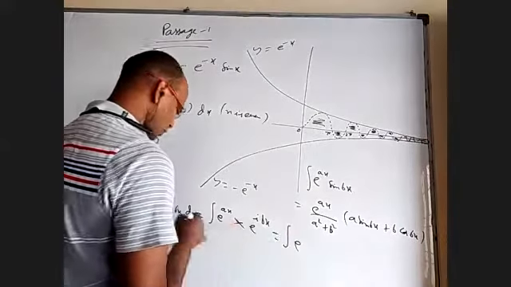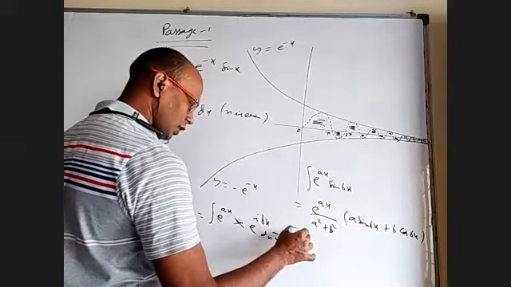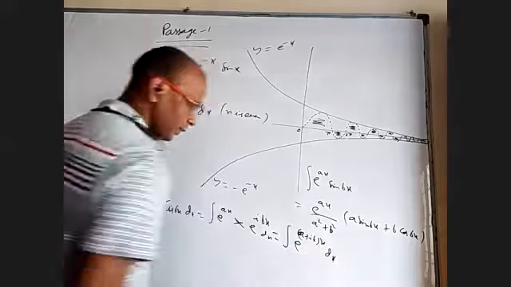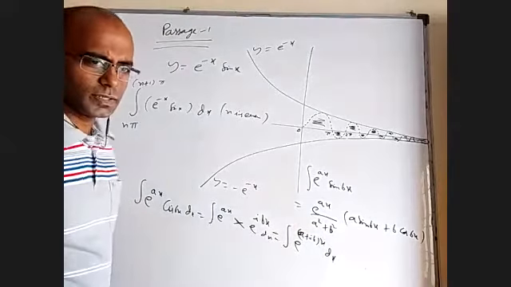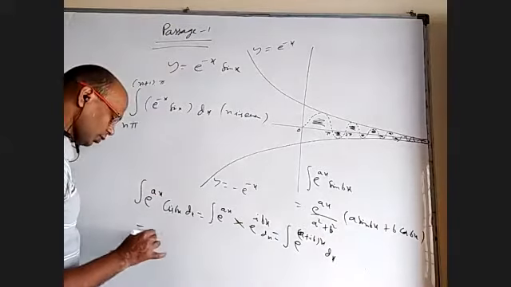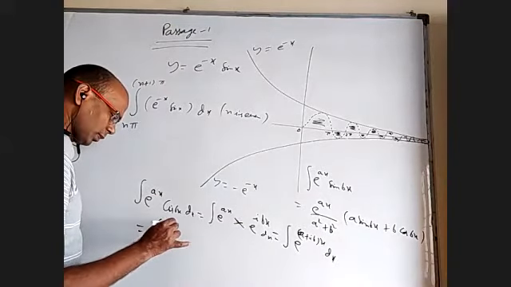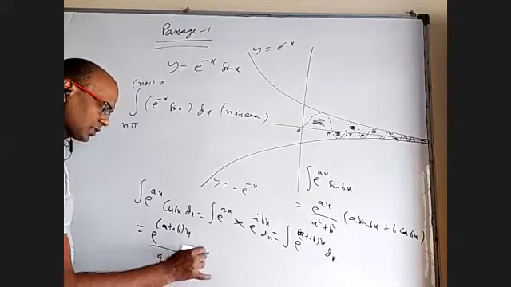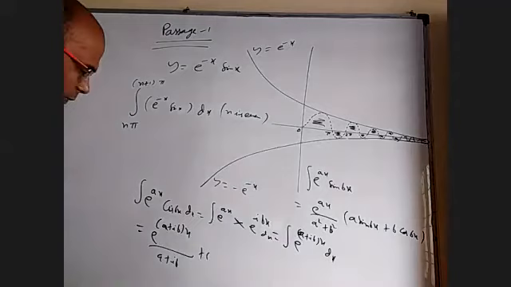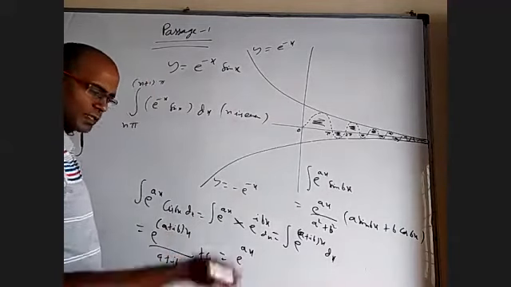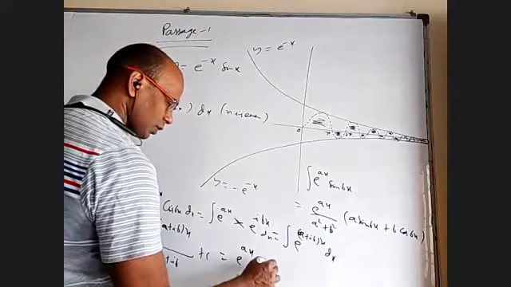I can write e power, of course, I did not write dx, a plus ib into x dx. Now this is simply e power mx. E power kx integral is e power kx by k. So I'm going to get e power a plus ib into x by a plus ib plus c. That's it, integration is over. But let us separate this now. E power ax, e power ibx is cis bx. So I'm going to write cis bx.